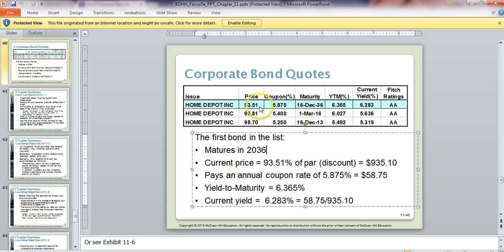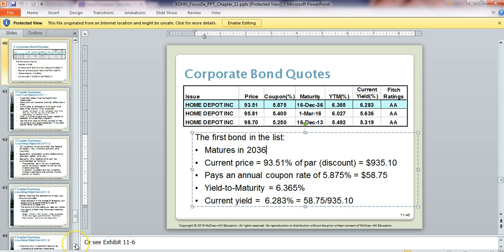This price, $935, means this bond is selling at a discount. So when the bond matures in 2036, what will you receive back? I'm sure you said $1,000. So you only paid $935 for it, but at maturity, you will still receive the full $1,000 back. So there you have it.